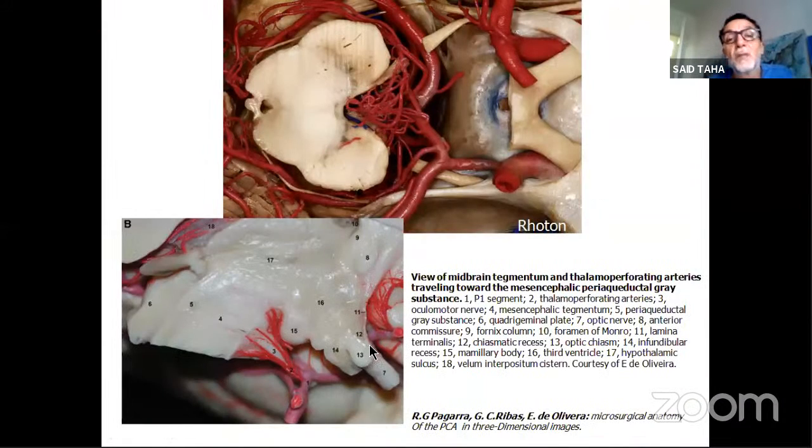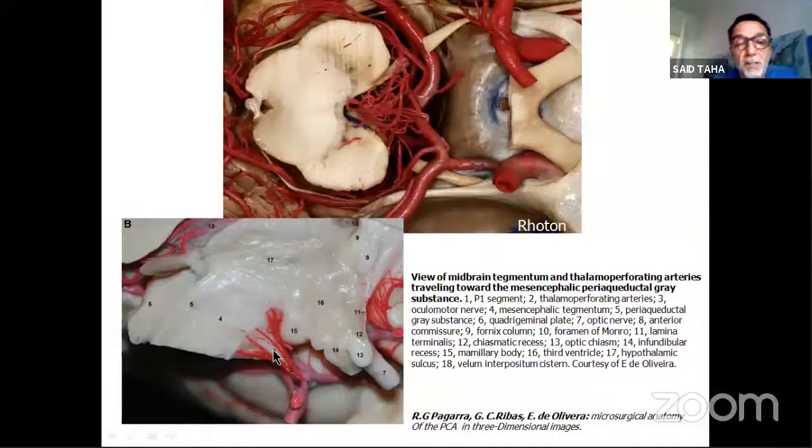Here again, the perforating arteries are here between the cerebral peduncles, and in this slide we can see the perforating artery.